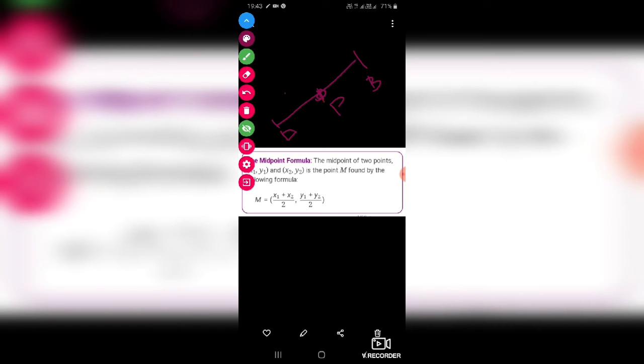This is the midpoint, means they are in equal ratio. So if we apply the internal division formula also, we will get the same formula. But no need to learn that one. Directly (x1 + x2) divided by 2, (y1 + y2) divided by 2. That's all class. Now this formula is finished.